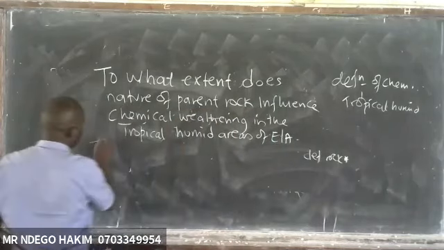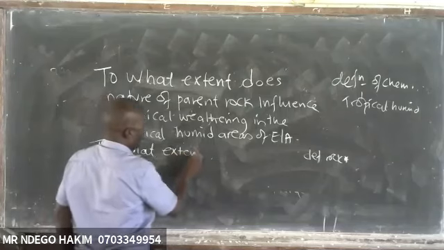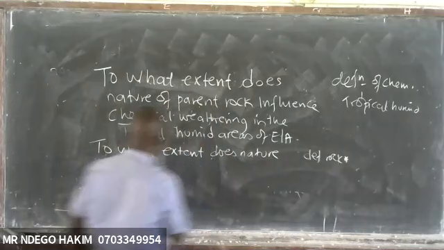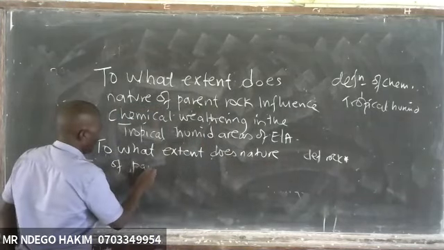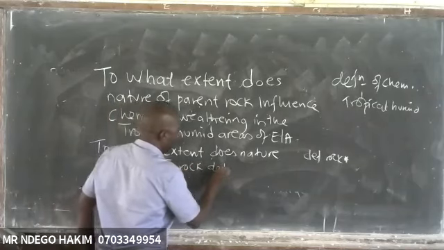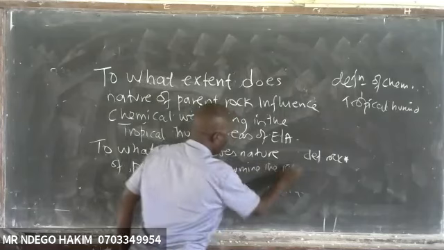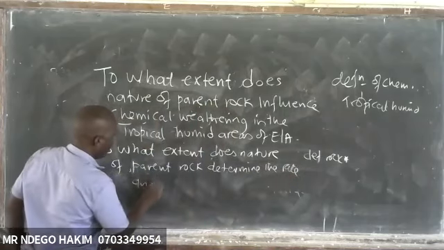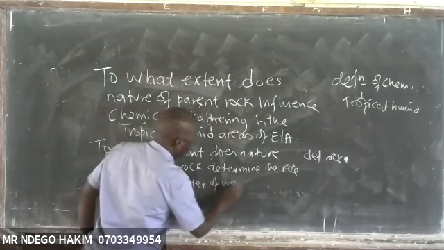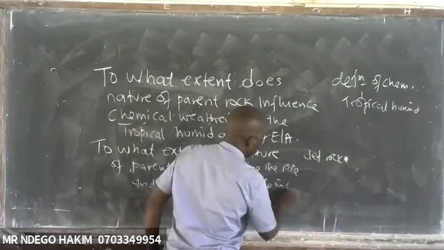I don't know whether I can leave you with this. To what extent does nature of parent rock determine the rate and character of weathering in East Africa?